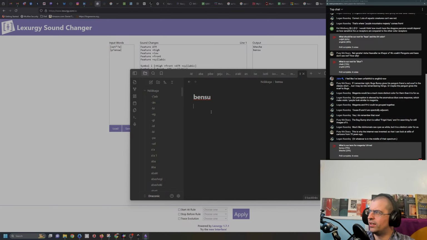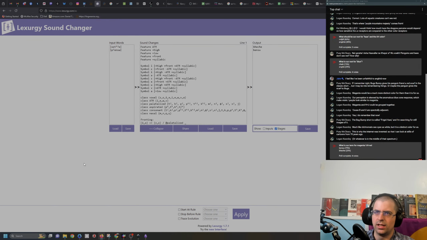Dichromats have better night vision, don't they? I will put the whole links in these etymologies later, but this is for magenta or UV red. I'll just put both of those in there.